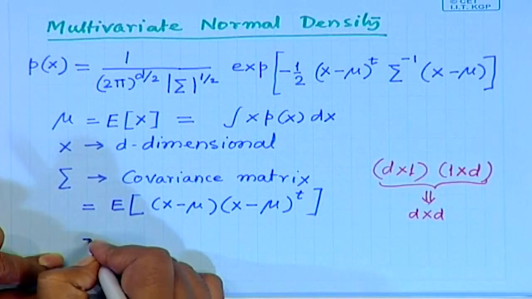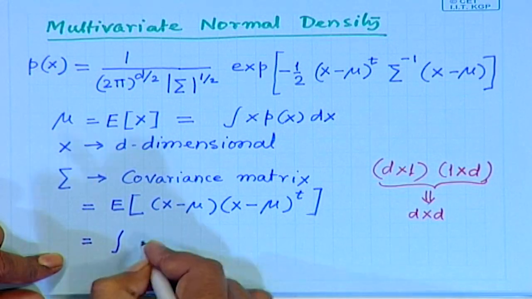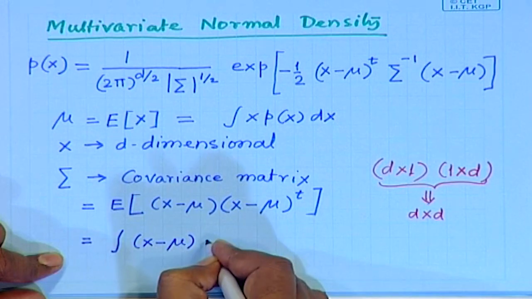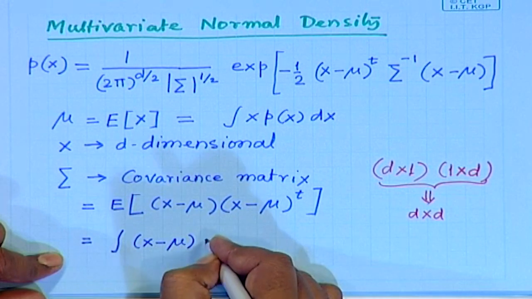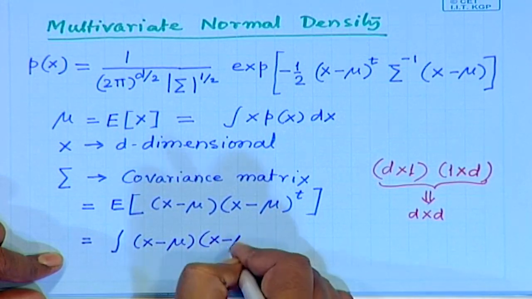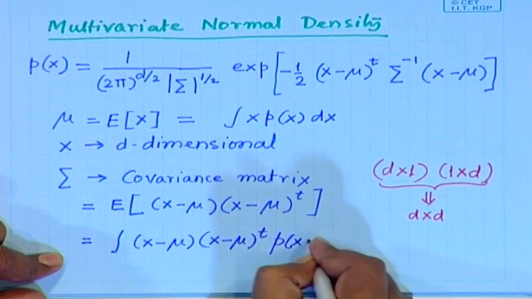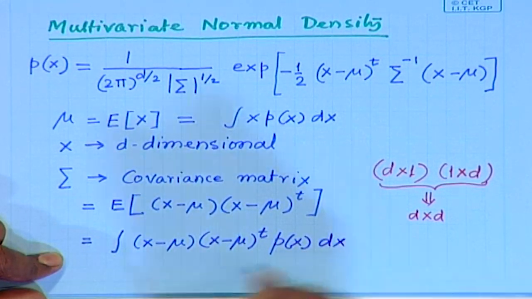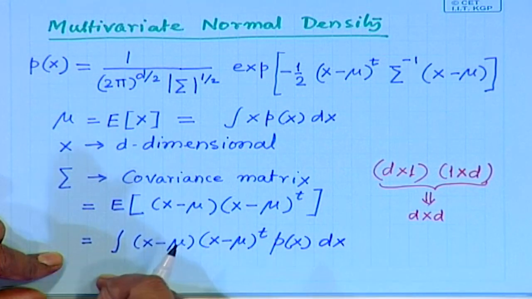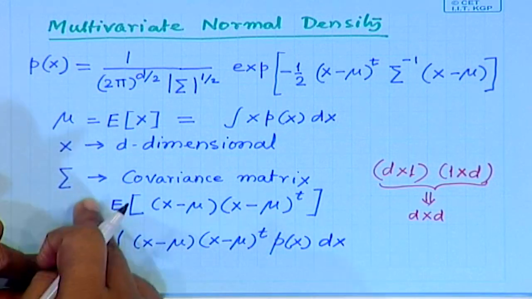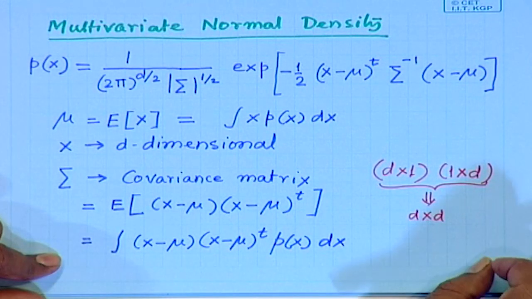As before, this can also be written in the integral form: (x minus mu) into (x minus mu) transpose p(x) dx. Take the integral of this over the limit minus infinity to infinity, and what I get is this covariance matrix sigma.